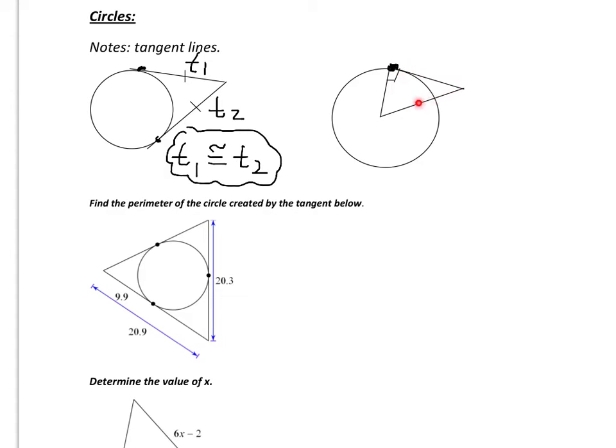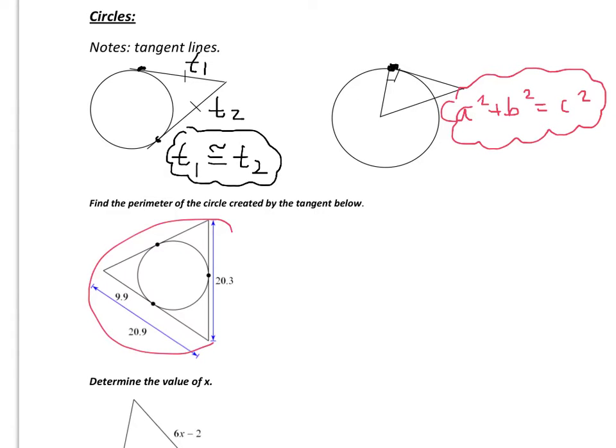Now, if we need to find either the radius or one of the sides of the triangle, we can use, as you all know, the Pythagorean theorem, which says a squared plus b squared equals c squared. We're also going to be using that formula today in the assignment.